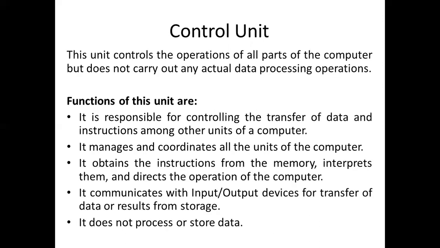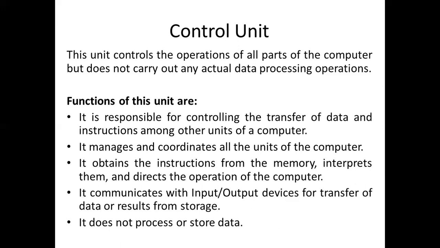Okay, so we now come to the other part, which is the control unit. This unit controls the operations of the whole computer, but does not carry out any actual data processing. It does only control. Its job is to control all the other parts within the computer.